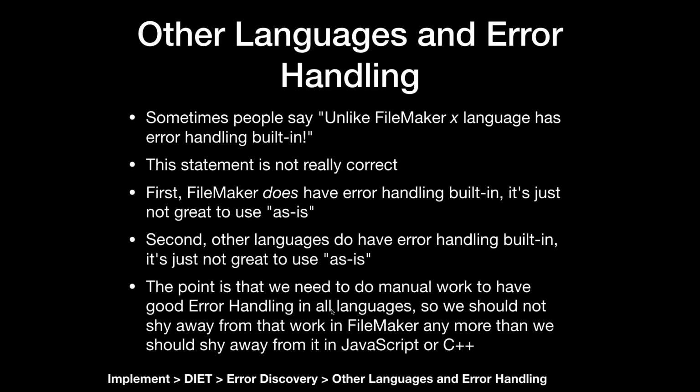So the point is that no matter what language or platform we're using, to have good error handling, you have to do some manual work. I want to get away from this idea that you just don't do that work in FileMaker. It's worth doing that work the same way it's worth doing in JavaScript, C++, or anything else.